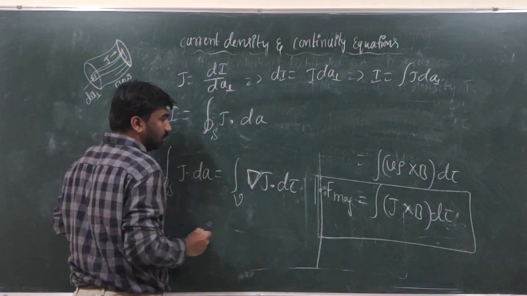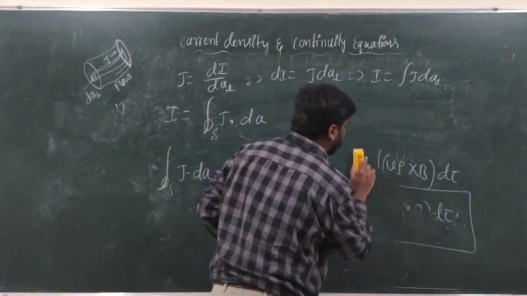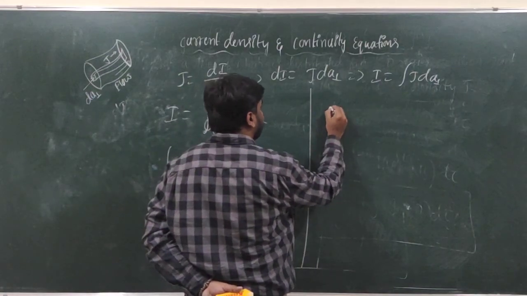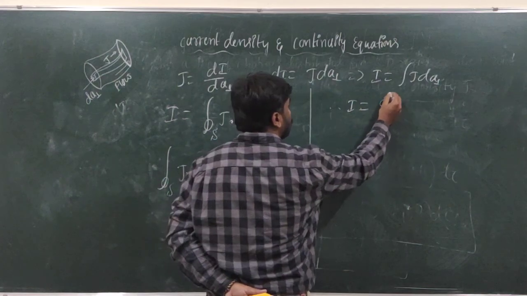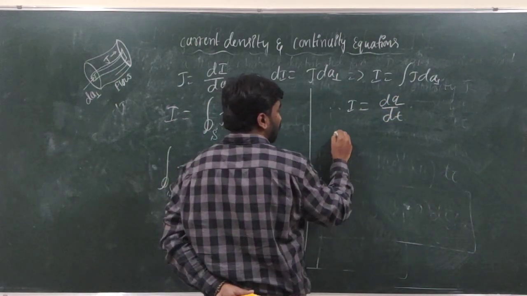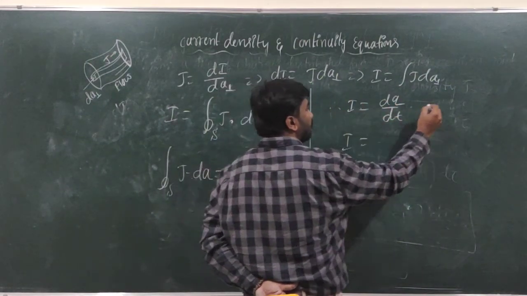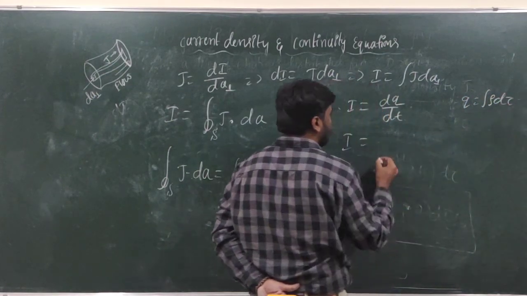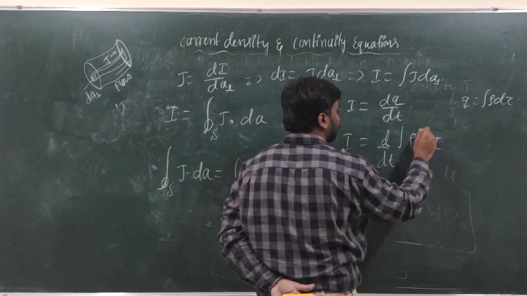Next, we know that I is equal to dq by dt. Since q is equal to the integration of rho d tau, I is equal to d by dt of the integration of rho d tau.